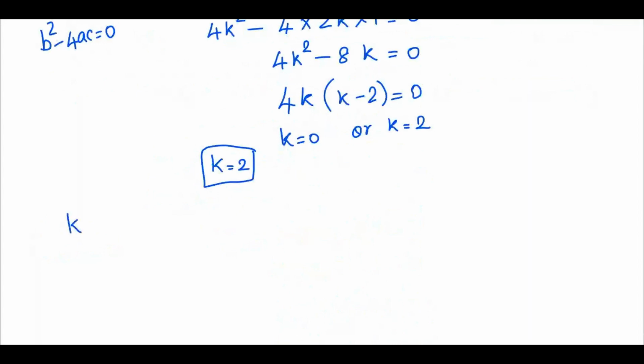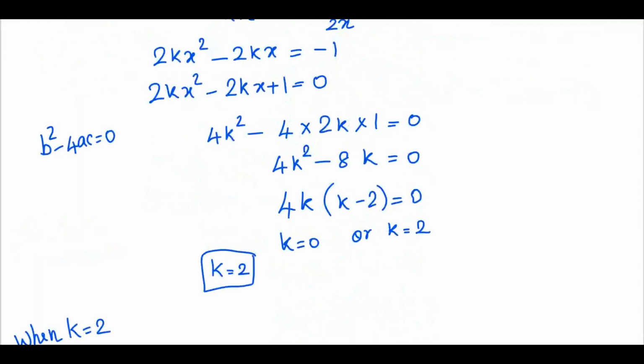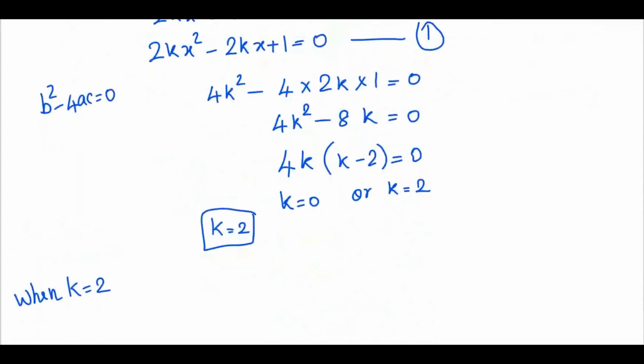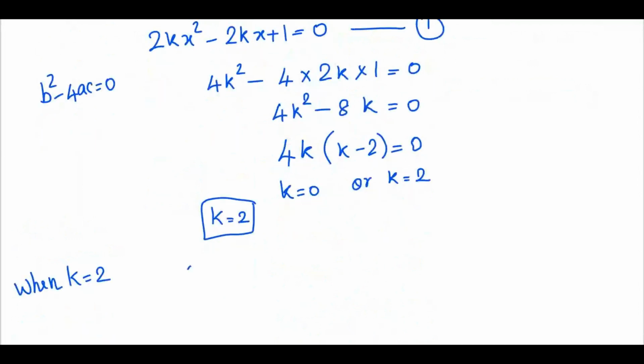So when k is equal to 2, from this we can see 4x square minus 4x plus 1 equal to 0.